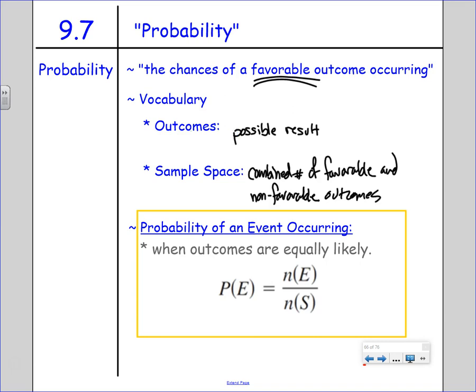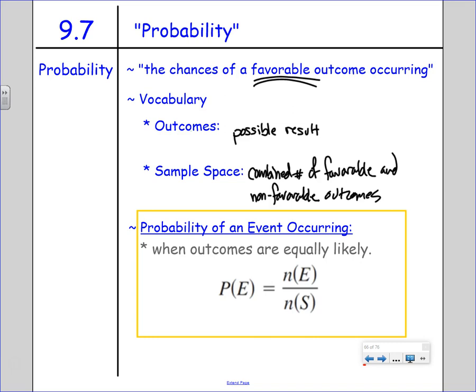So it's everything. Like, what are all the different possible results? All of them. Doesn't matter, favorable, non-favorable, put them all together. What are all the different possible results? That's the sample space. The outcome, if you're talking about favorable, you're talking about a certain condition that must be met. Non-favorable, the opposite of that certain condition being met.